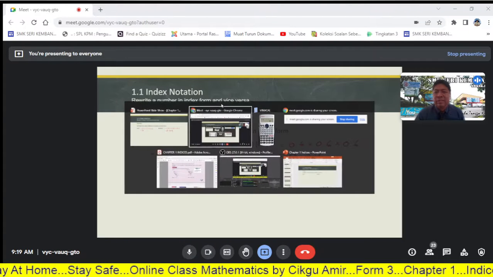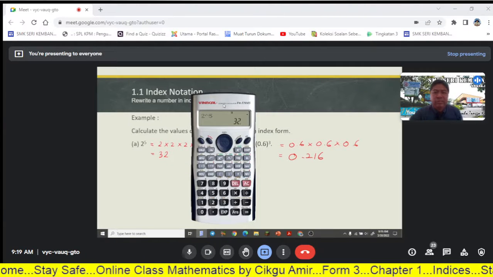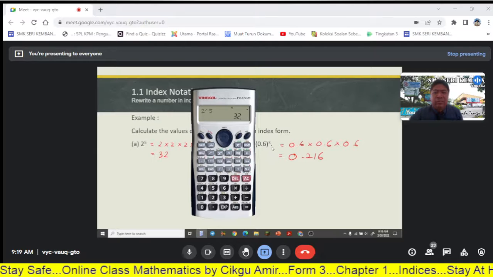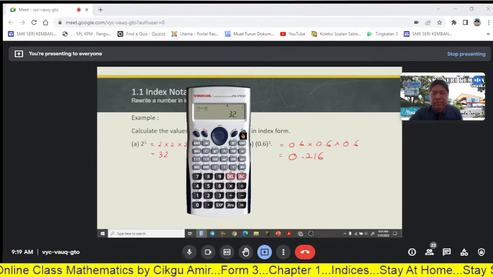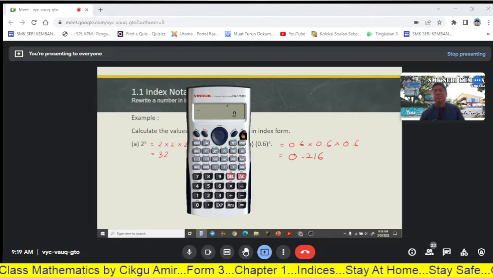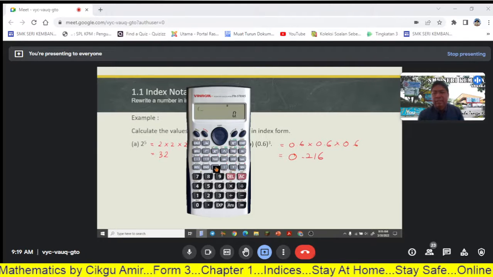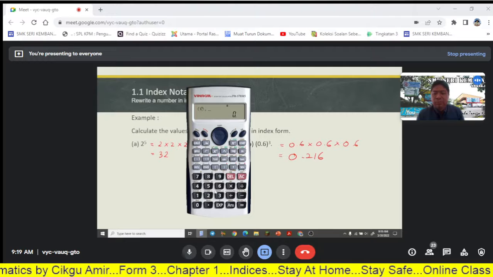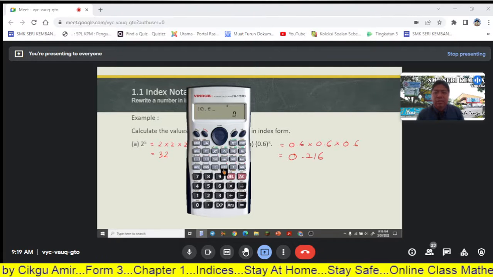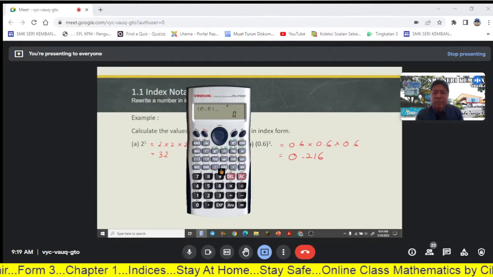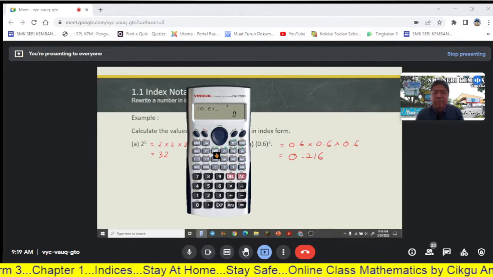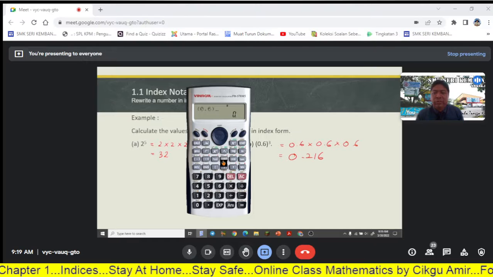About the second one, 0.6 to the power of 3. On your calculator, open a bracket, 0.6, close your bracket. Here is to the power of 3. You have two choices here.